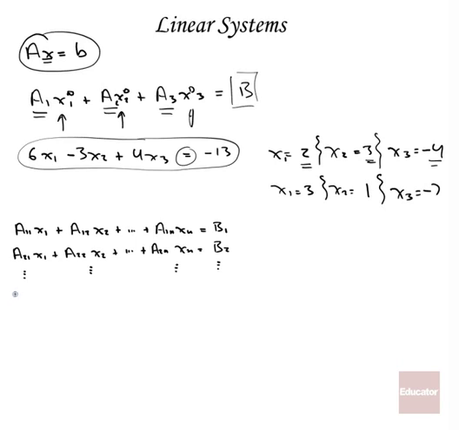And then I'm going to write am1 x1 plus am2 x2 plus dot dot dot plus amn xn, I know that's a little small, but that's an mn right there, equals bm.